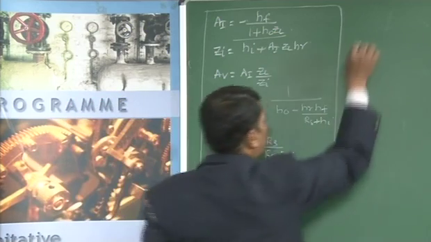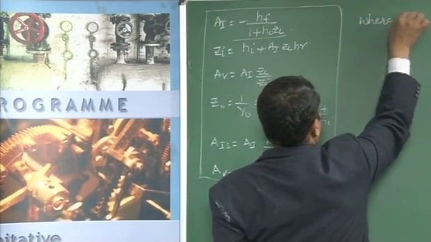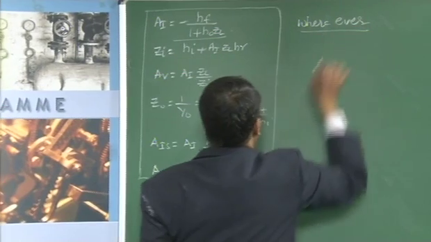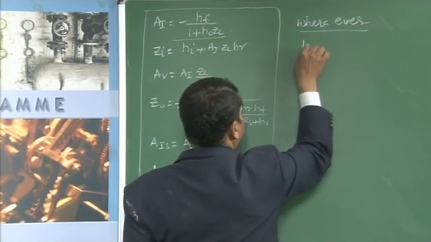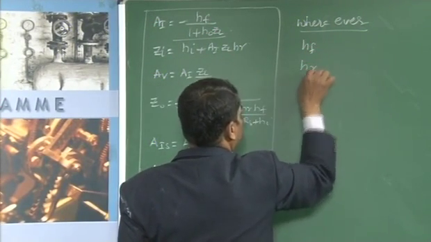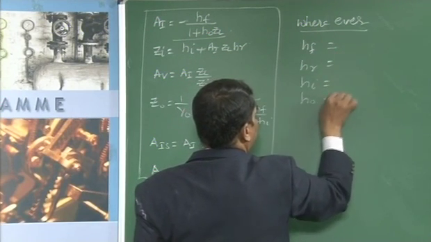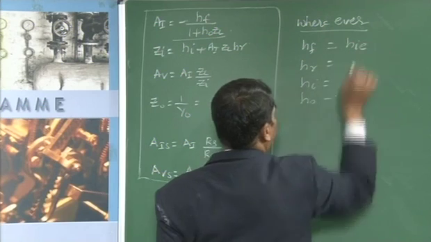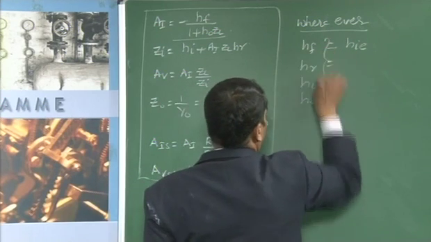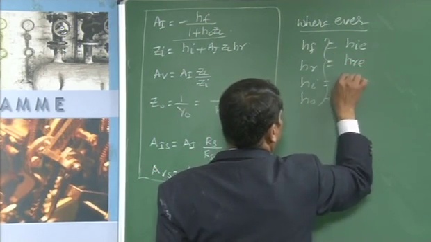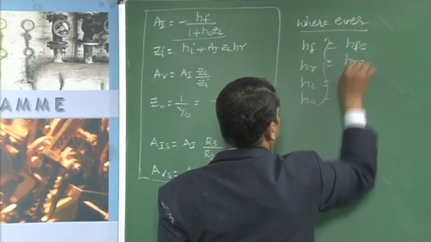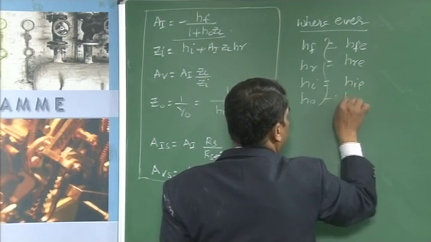Means wherever HF, HR, HI, HO appear, these are to be replaced with a second suffix. For a common emitter amplifier, you have to replace with HFE, HRE, HIE, HOE.